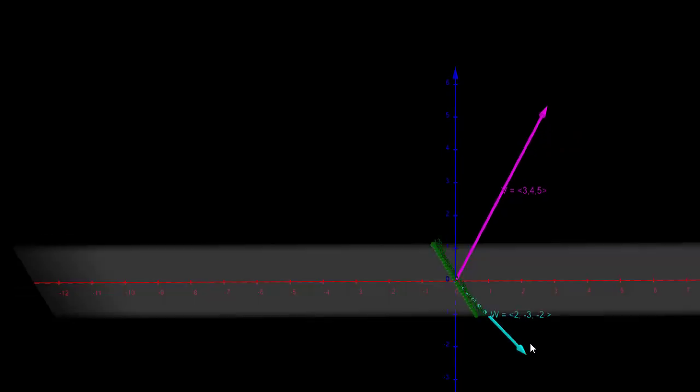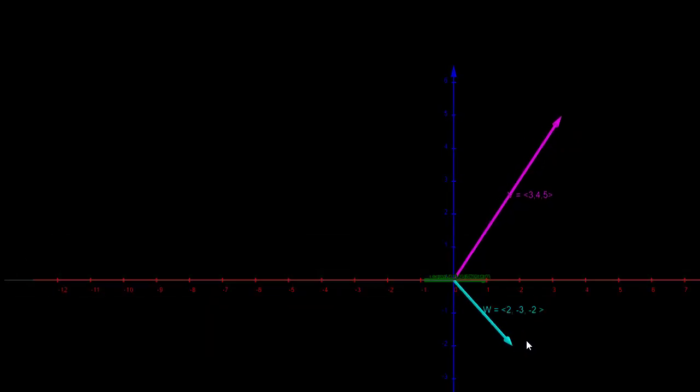So if I flatten this out, where I make it level, so we're looking straight onto the xy plane, we see that w is pointing down into the negative z's, while v is pointing up into the positive z's.